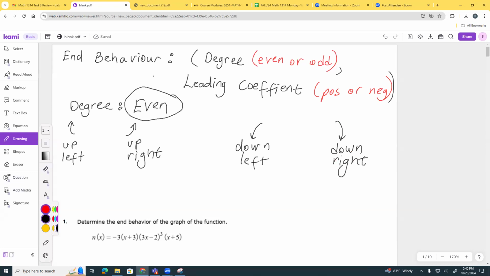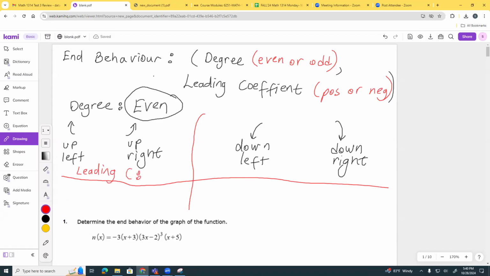However, now we have to decide. We know for sure that in order to get case 1 or case 2, it must have an even degree. But for up, up, the leading coefficient must be a positive number. If it's a positive number, it will be up, up.